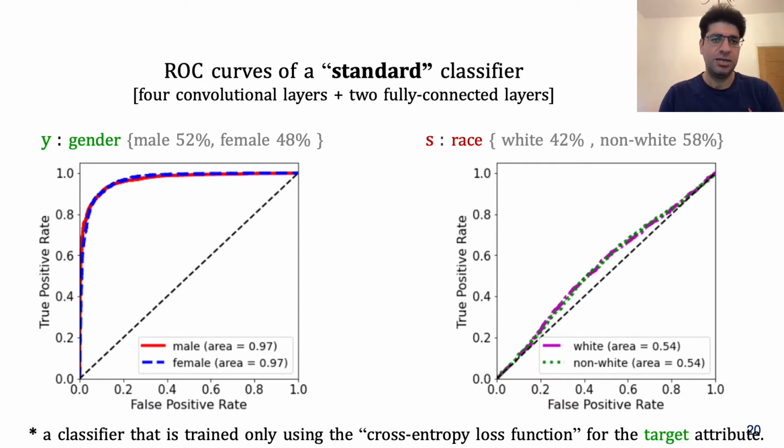We define a standard classifier as a classifier that is trained via the typical cross-entropy loss function. We observe that for the target attribute, the accuracy is very good, but for the sensitive attribute, that is race, the accuracy is not anything better than the random guess.